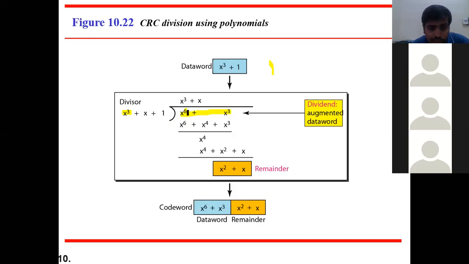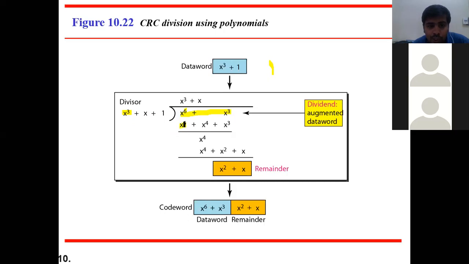To get the x raised to 6, how many times I have to multiply x cube? X cube into x cube, is it going to be x raised to 6? Yes or no, in polynomial multiplication? Yes, it is going to be x raised to 6. That's why I have taken the first bit: x cube into x cube is x raised to 6.